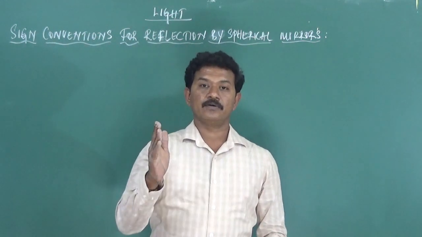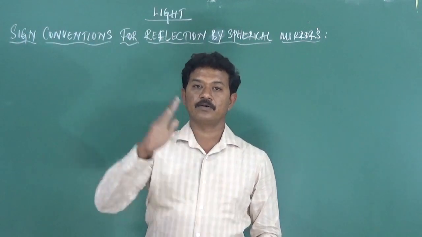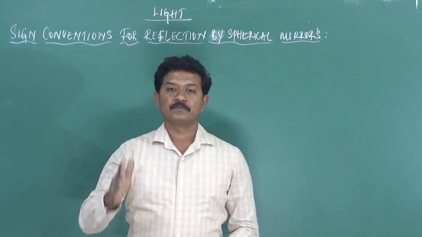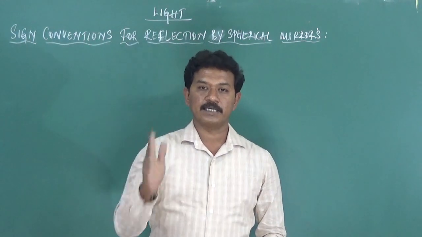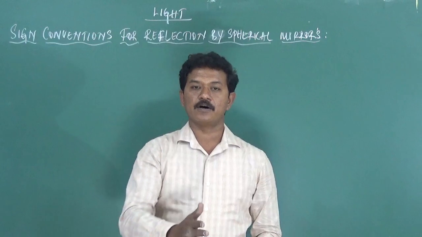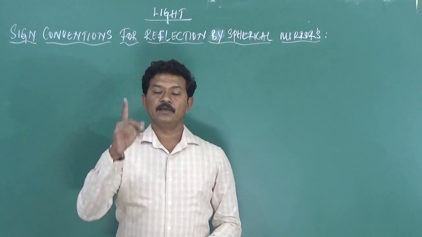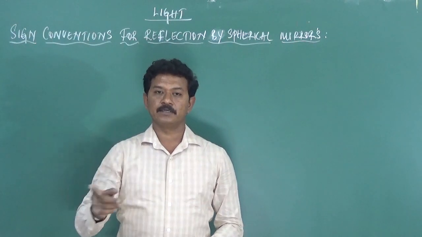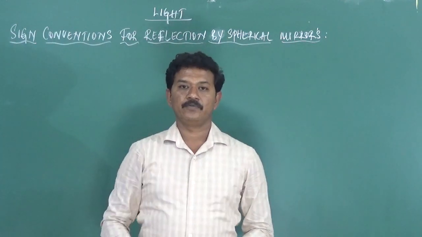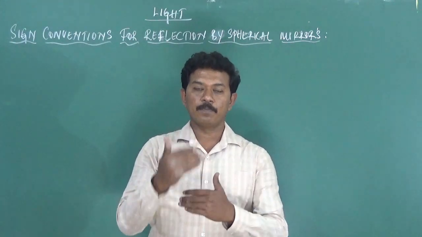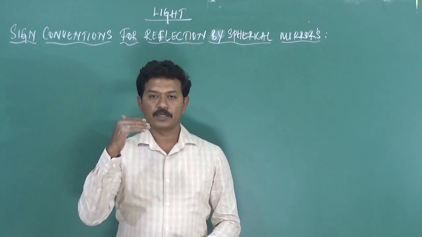If you draw a ray diagram for a concave or convex mirror to study the position and size of the image formed, you should know the sign convention of reflection by spherical mirrors 100%. If you do not know this, if you are not able to cope with this, you cannot learn.